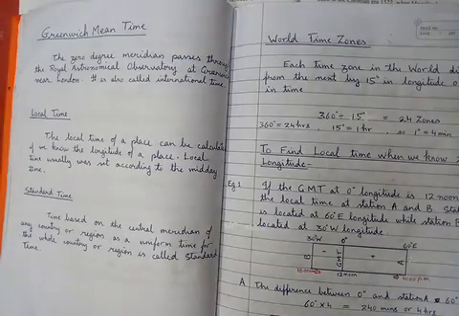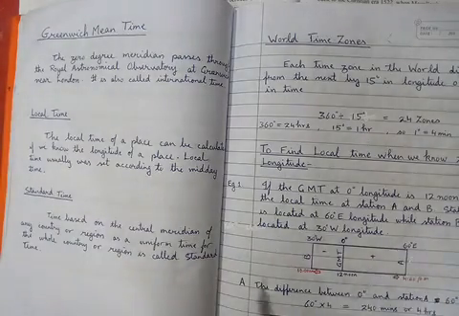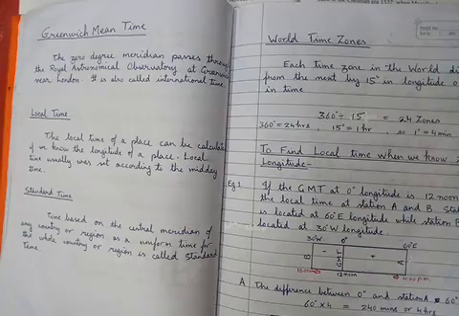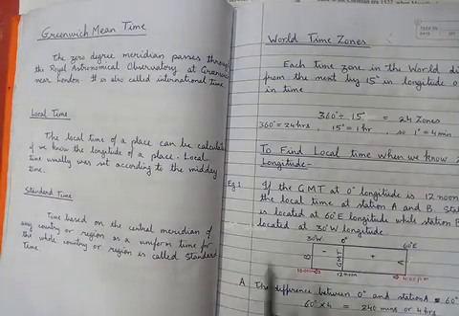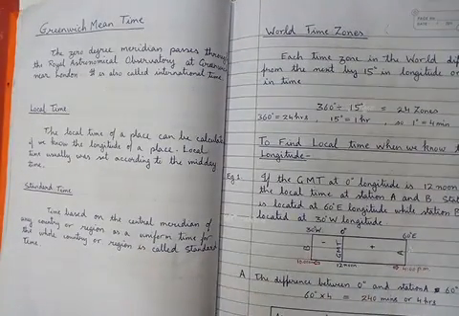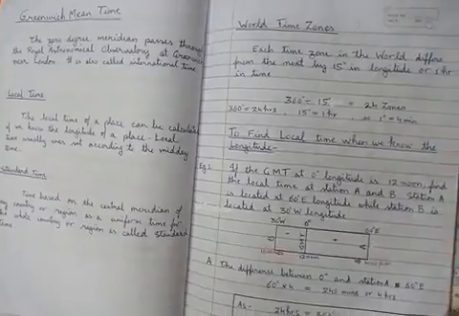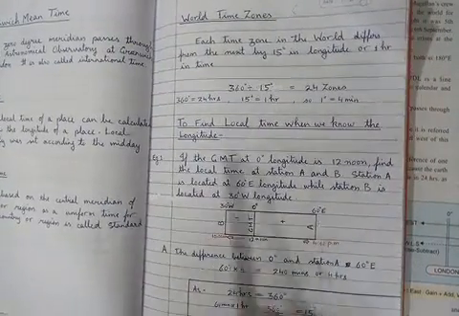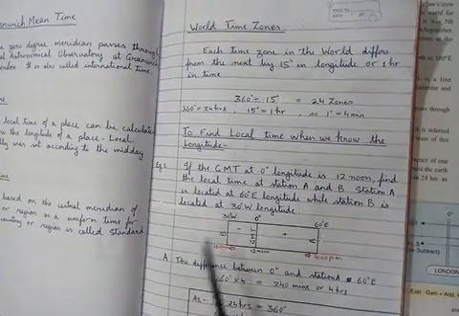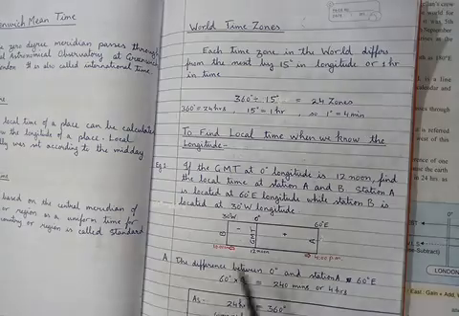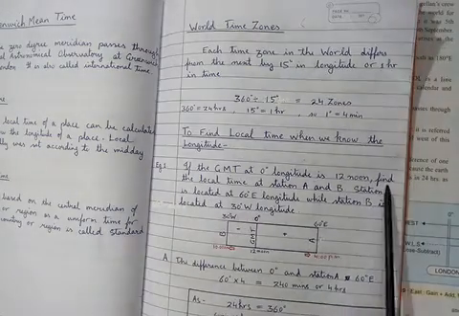Now let's see about local time, how you are going to find the local time. First of all, we are going to find the local time when we know the longitude. So let's see an example.